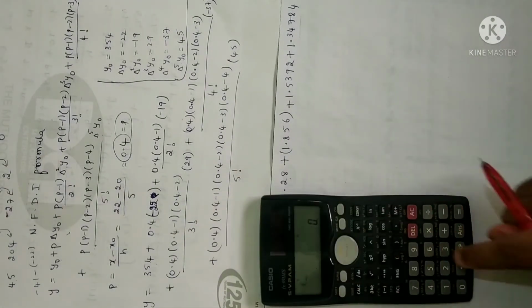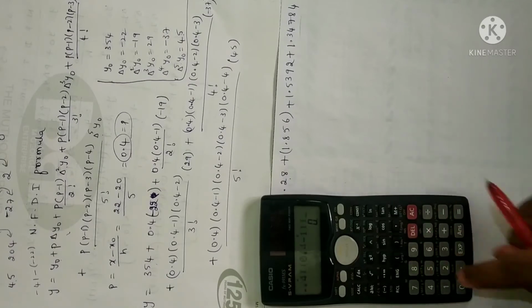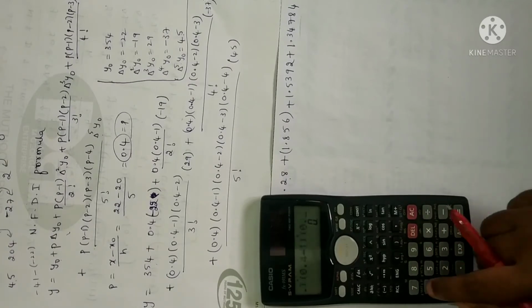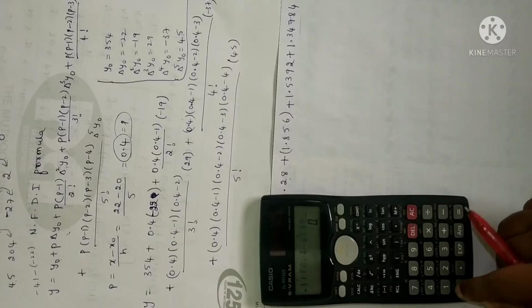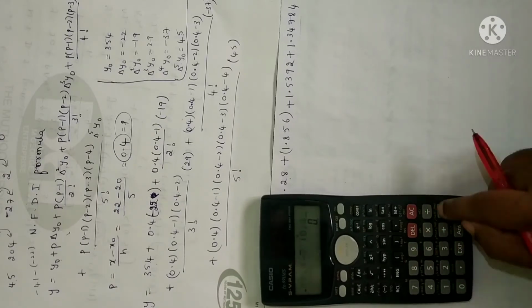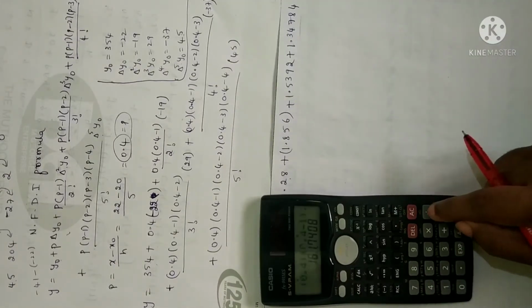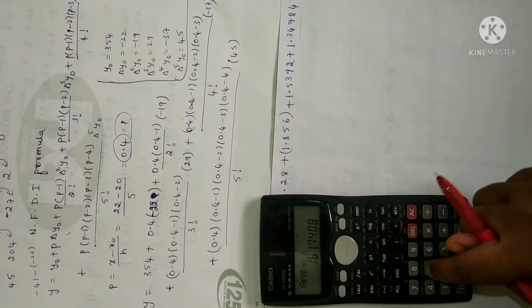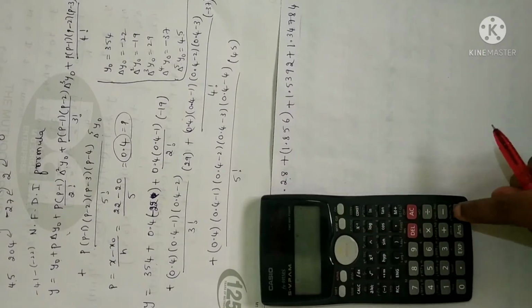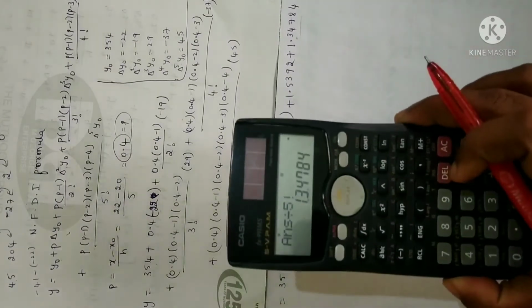See here, last term 0.4 into 0.4 minus 1 into 0.4 minus 2 into 0.4 minus 3 into the bracket 0.4 minus 4, close bracket, into 45, divided by 5 factorial. Press the shift button and the factorial value. That will give you 1.34784. That is what I have written.